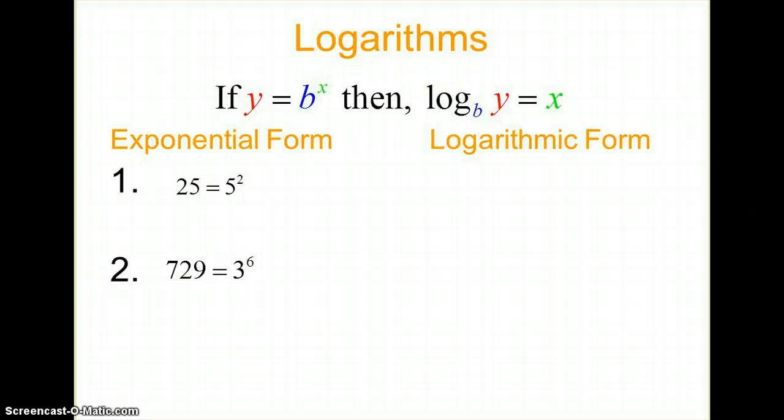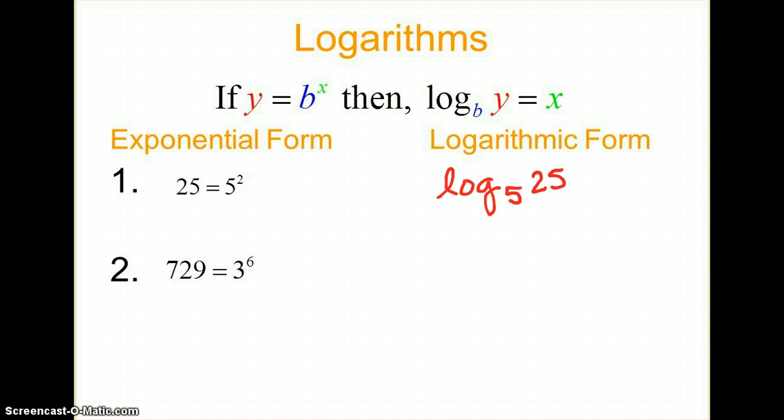This is going to be read as log base, and we're going to be using the very base that we have in our exponential form. The base of my power is 5, so the base of my logarithm is also going to be 5. So this is going to say log base 5 of the value of my power. My power is equal to 25, so I'm going to say log base 5 of 25.